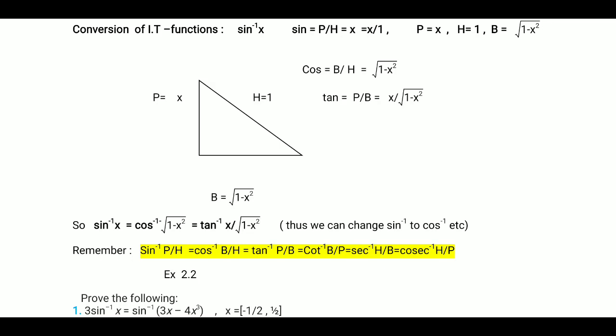And this way we can change one form to another form by drawing a triangle, calculating perpendicular, base and hypotenuse and putting the values. We can convert one inverse trigonometric function to another.